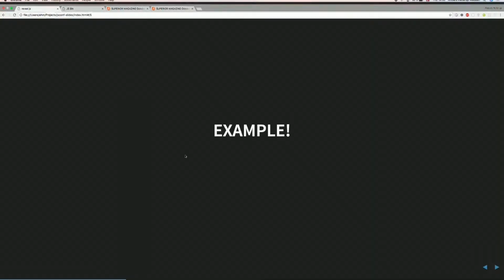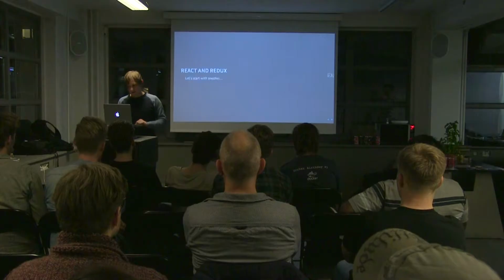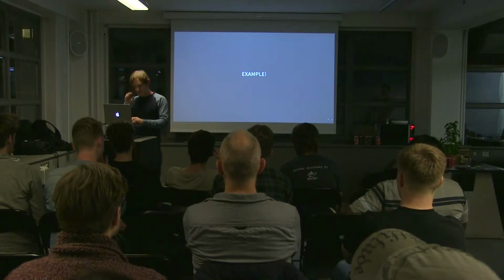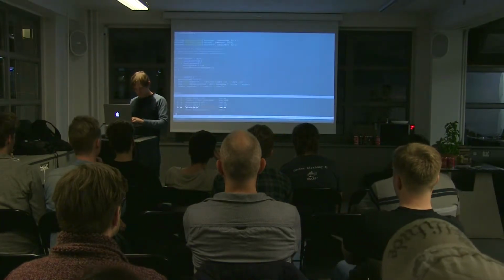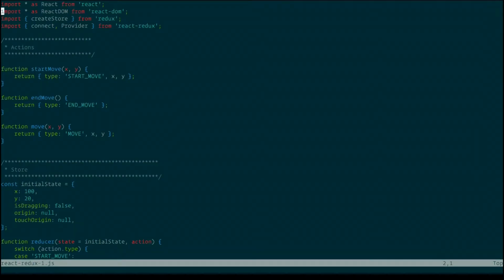Let's go back to the presentation. So we decided to use React and Redux to build the reader. And we can start with another example, doing this in the natural way, with best-practices Redux. How would you want to do this? There are some actions, like start move, end move, and just move.